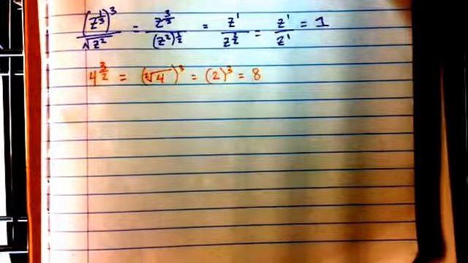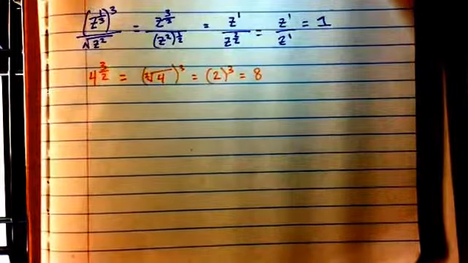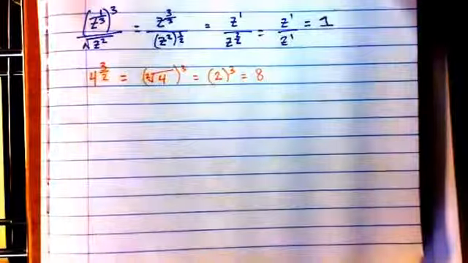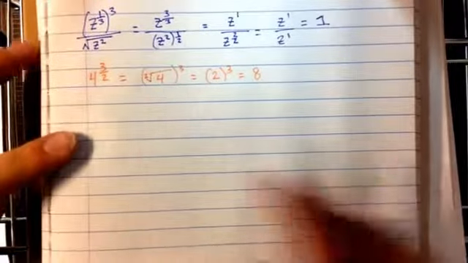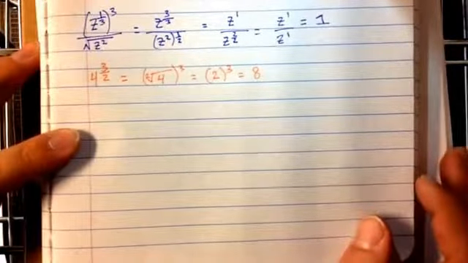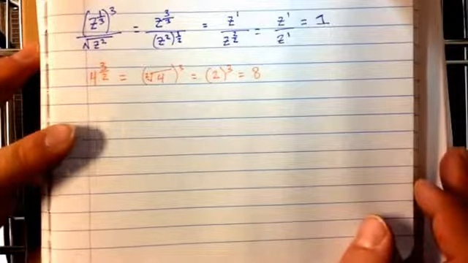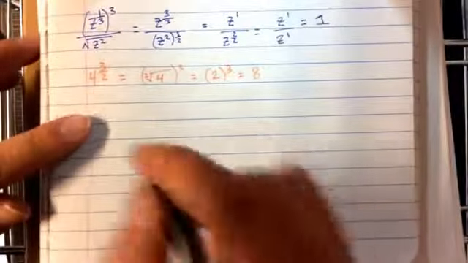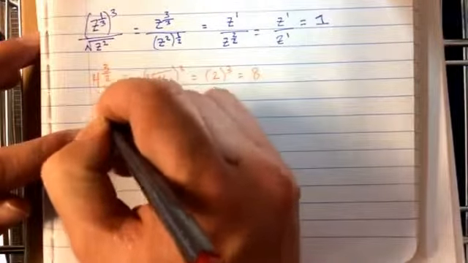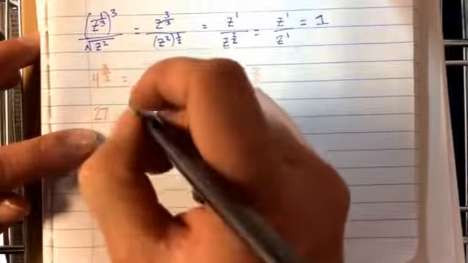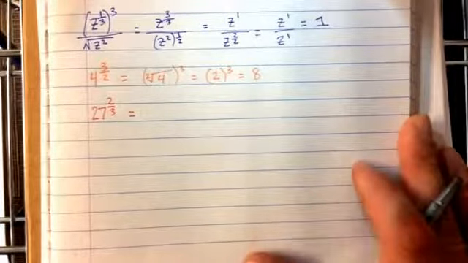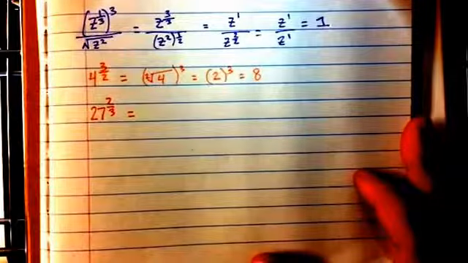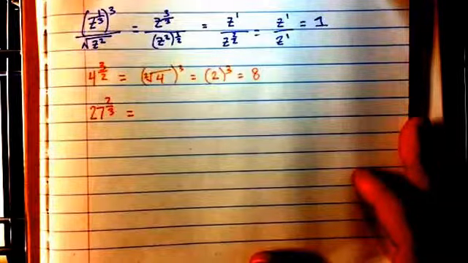So this is building off what we did yesterday. Now we're solving problems, and we're also going to have numbers that are not 1 in the numerator of the fractional exponents. So let's try 27 to the 2/3 power. How can we change this to a radical?